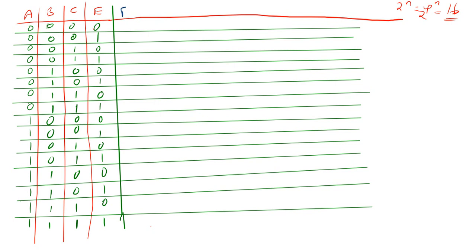So in my truth table, I will add an expression for BE complement. I will add another expression which will represent R, which is A, B, E complemented.